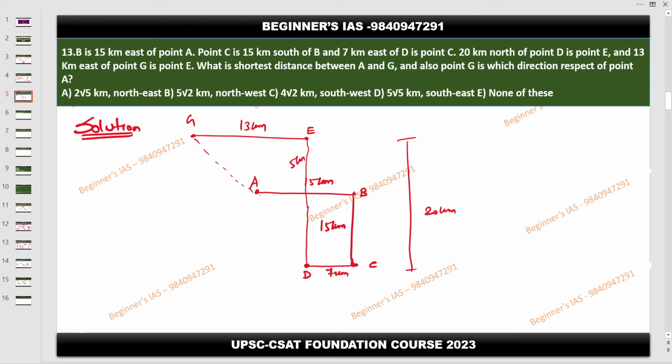Also point G is in which direction with respect to A? Listen. First of all, identify, 50% eliminate. So in this direction with respect to A. So therefore north, west. Only one answer. Stop it here itself. Don't waste unnecessary calculation. Answer B. Anu, getting A?